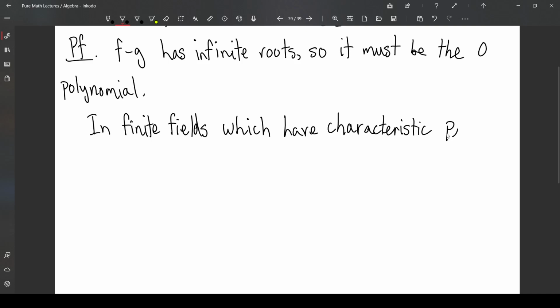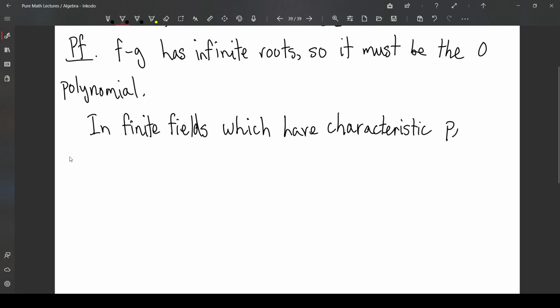So it turns out that the fields with characteristic p are finite fields, and the rings with characteristic 0, well, obviously they have to be infinite because characteristic 0 means you have as a subring something isomorphic to Z. Z is infinite, so if you contain an infinite set, you must also be an infinite set.